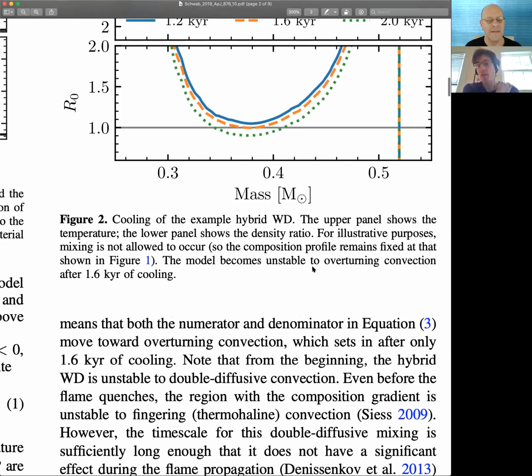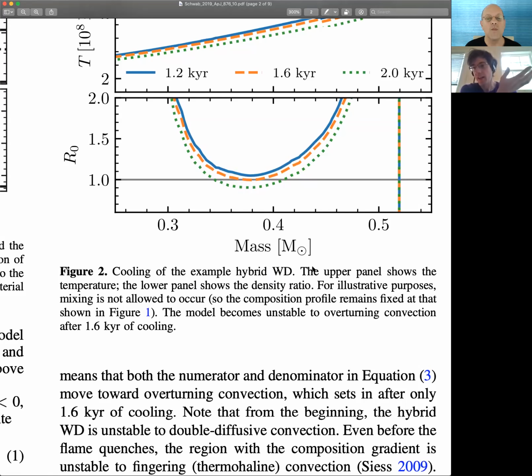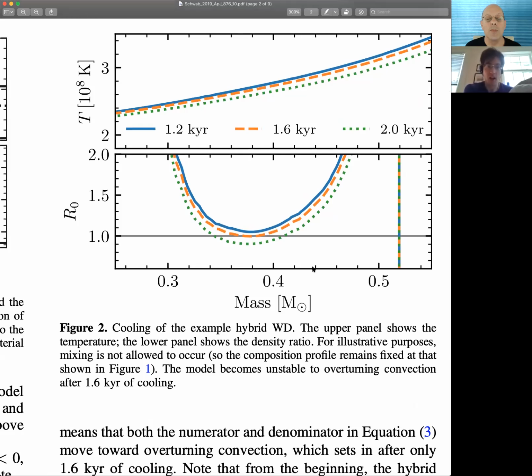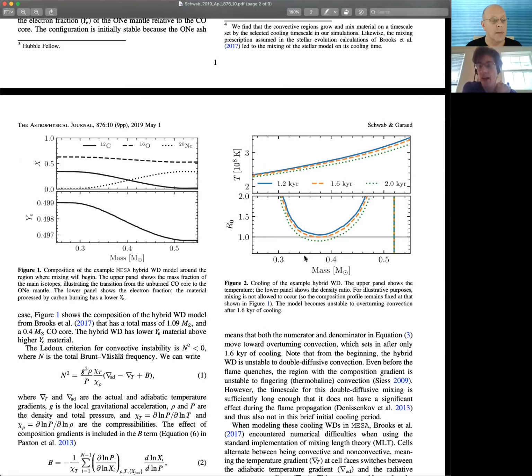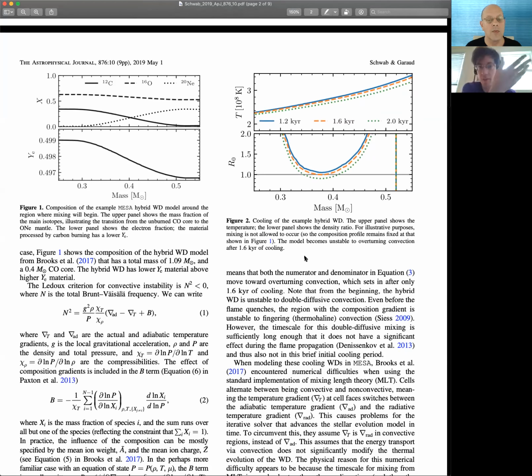Okay. And so we can take this in a stellar evolution model, and both these figures 1 and 2 that we looked at were generated using the MESA stellar evolution code, which is a piece of software that I work on. As it cools, MESA indicates that this object wants to become convective. But once you do let it become convective, you often start to have numerical problems due to the way that stellar evolution codes like MESA treat convection, which is essentially that convection is something that is on or off.